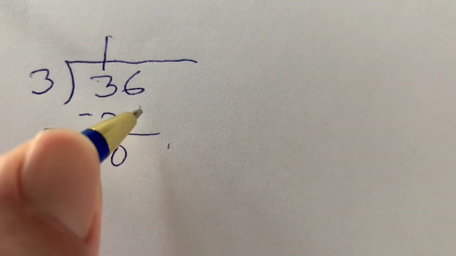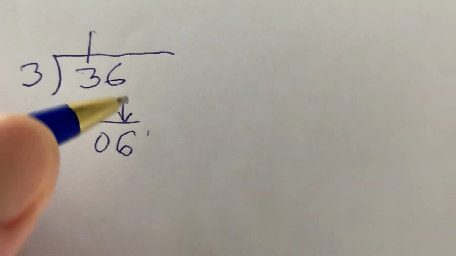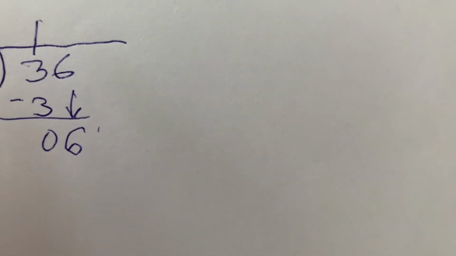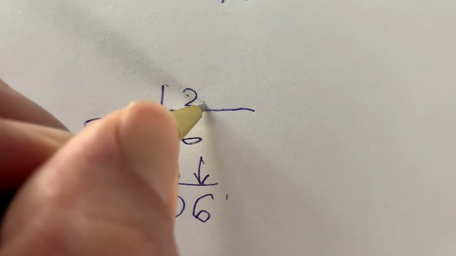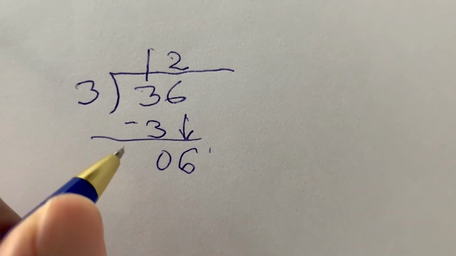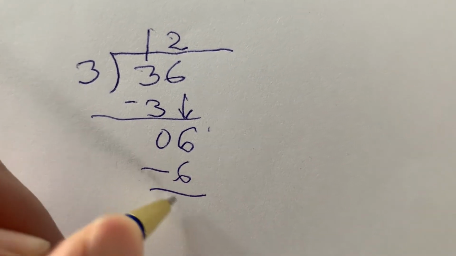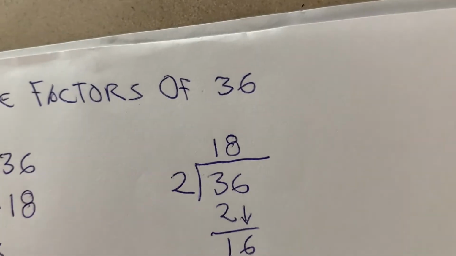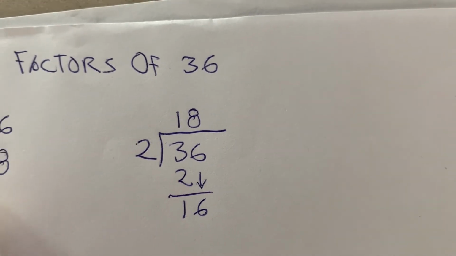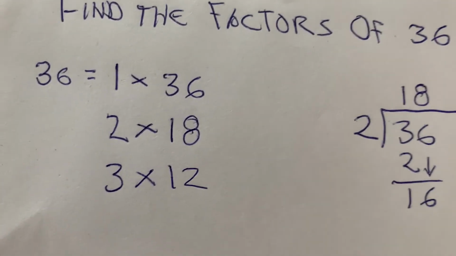Then we drop the 6 down, put an arrow. 3 into 6 can go 2 times. 2 times 3 is 6. So we look back on our list and we're going to do 3 times 12 is equal to 36.